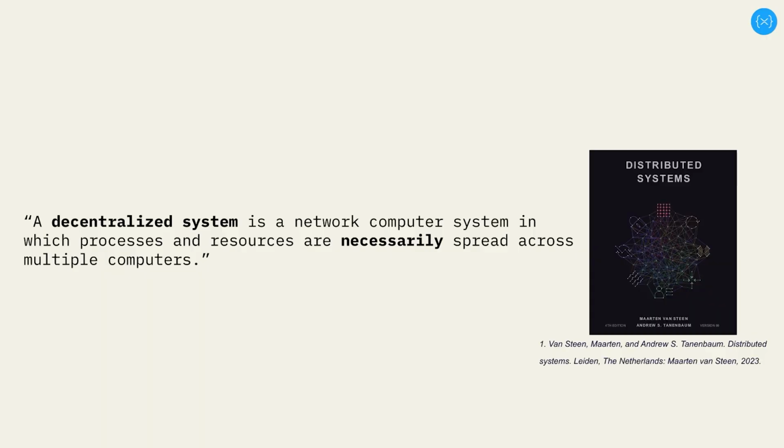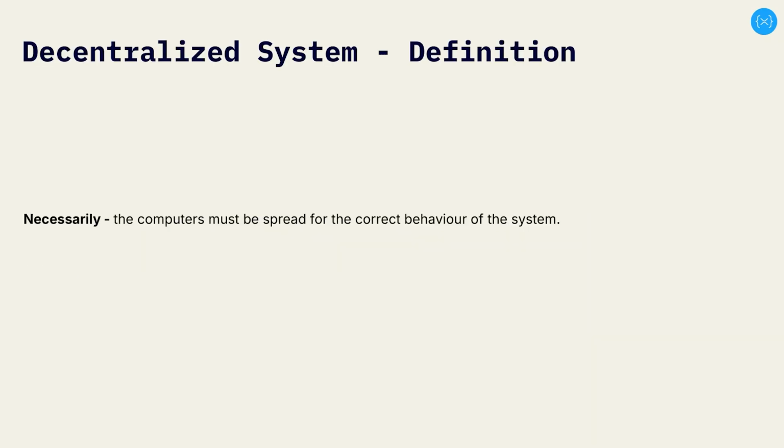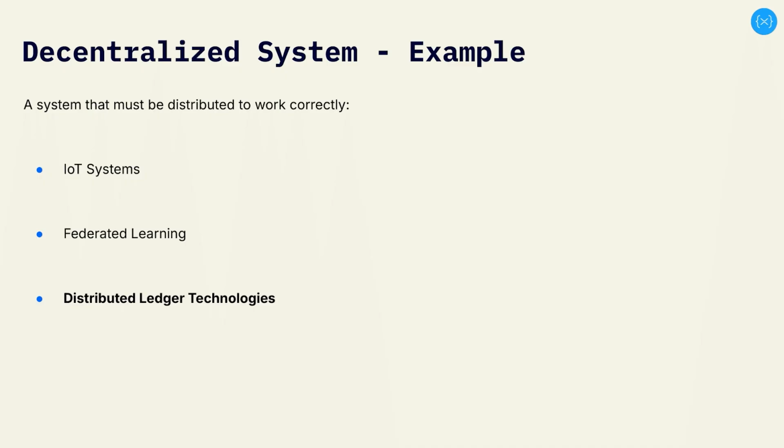On the other hand, decentralized system is a networked computer system in which processes and resources are necessarily spread across multiple computers. Necessarily in this particular case means that distributing the computers is necessary for the correct function of the system. So to give you a couple of examples, for example, IoT systems are distributed systems.